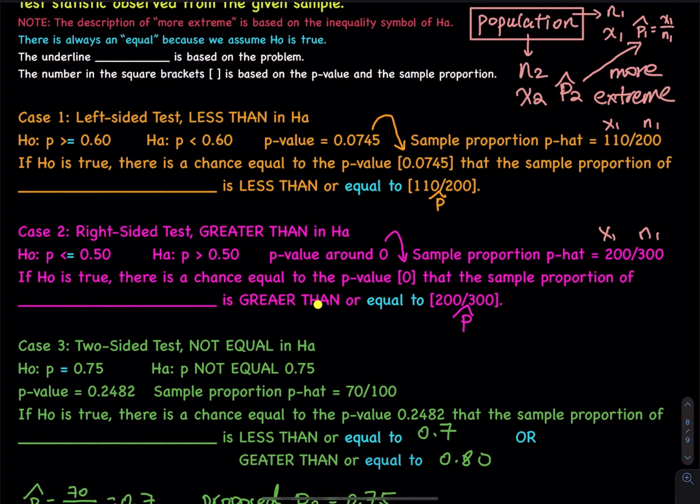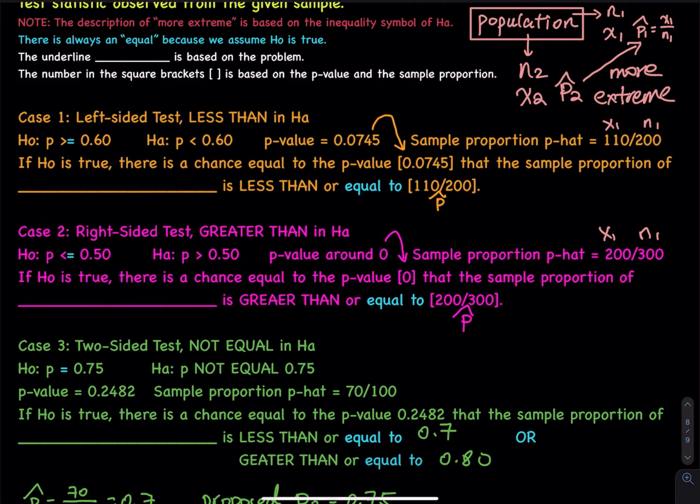Is greater than, so I took the greater than straight from the HA, and then what about the equal to in blue? You assume H0 is true, there is an equal in H0, so that's why you take the equal as well. So basically you have to take the inequality symbol of the HA plus the equal. Equal to what? Equal to the sample proportion you have in the problem. So that is for the right-sided test, having a greater than in HA.